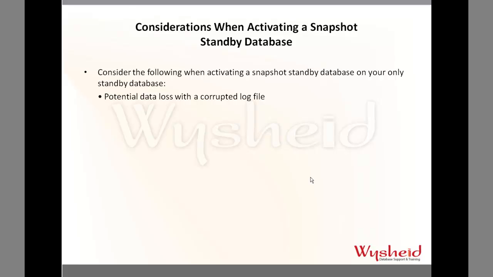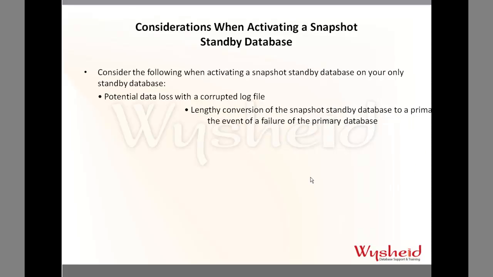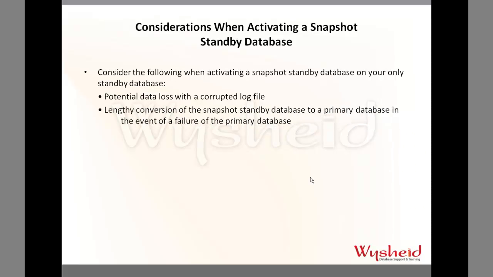If the archive log file is corrupted, then there is a possibility of data loss. So we must make sure that all the archive log files generated while the database was running in the snapshot standby role are accurate and correct. Otherwise, we will end up with data loss.